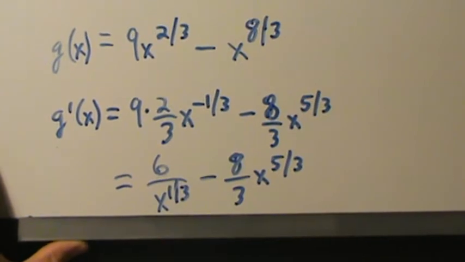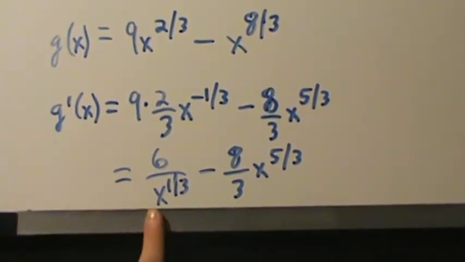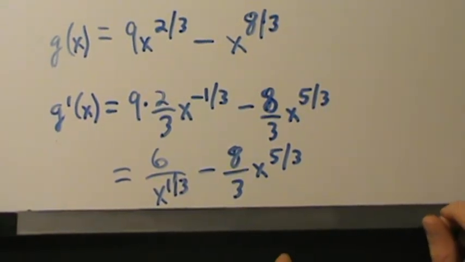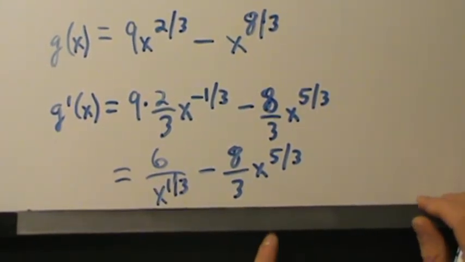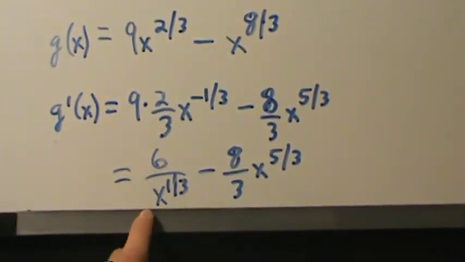Okay, so now what we should do is get a common denominator to make everything a little bit simpler. So the denominator here is x to the 1/3. The denominator here is 3. Okay, so our common denominator is just 3 times x to the 1/3. Okay, so that's our LCD. Can't get any simpler than that. So we're going to multiply this guy by 3 over 3, and this guy by x to the 1/3 over x to the 1/3.